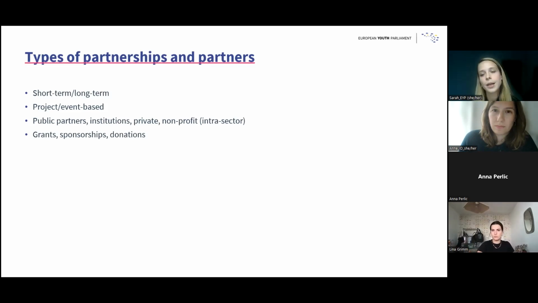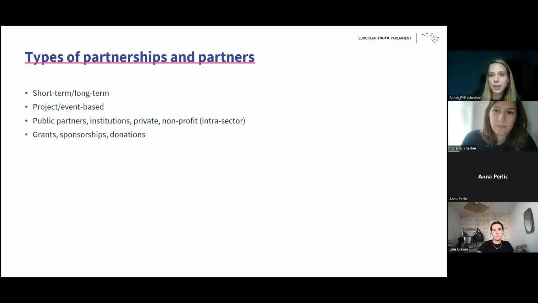And then there's also, of course, financial sponsorship where they are providing funds for you. And lastly, a donation is usually an altruistic gift where you don't have to provide anything in return.